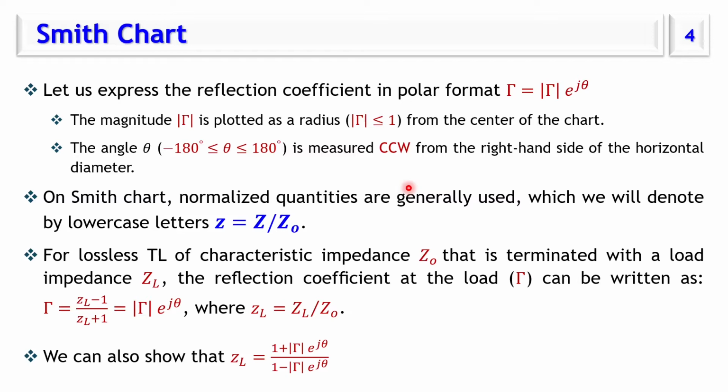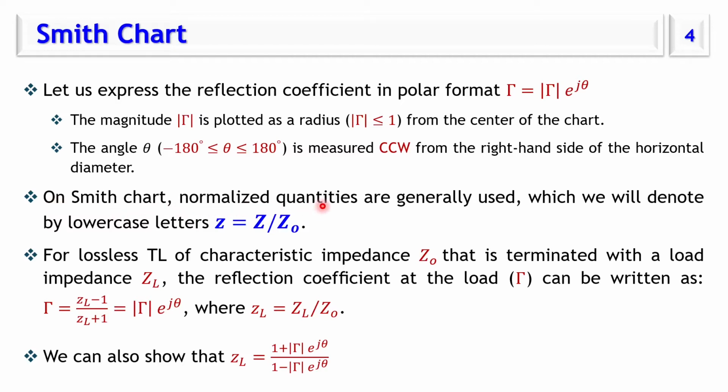So on the Smith chart, the magnitude of the reflection coefficient, which is always less than or equal to 1, is plotted, as I said, in polar format. The angle would be anywhere from minus 180 to plus 180. The measurement of the angle is counterclockwise, starting from the right-hand side of the horizontal diameter. We'll talk about this in more detail.